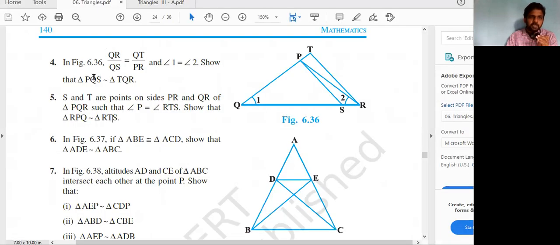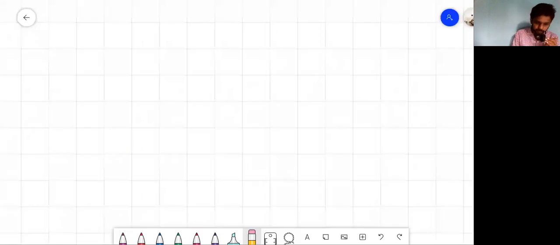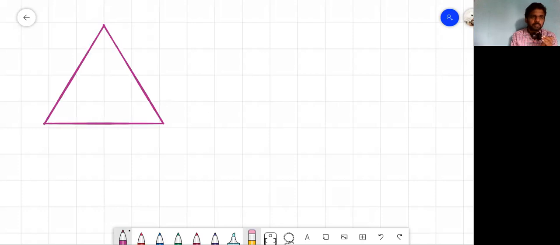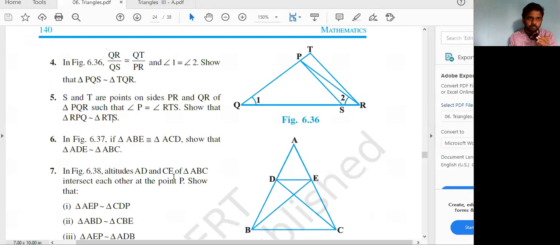So we have triangle PQR and S and T are points on PR and QR. So P, Q, R. So on PR I'm having S and on QR I'm having T. Right?